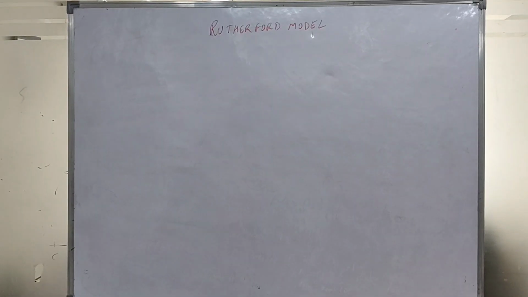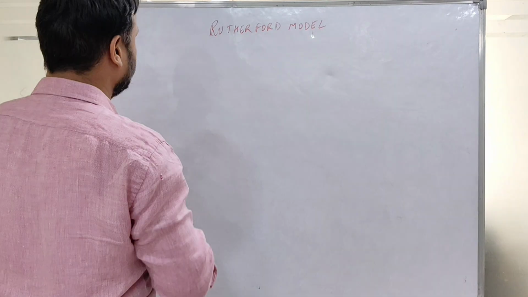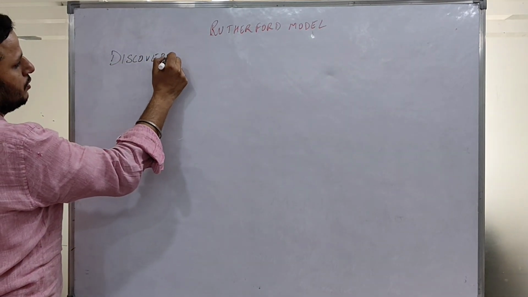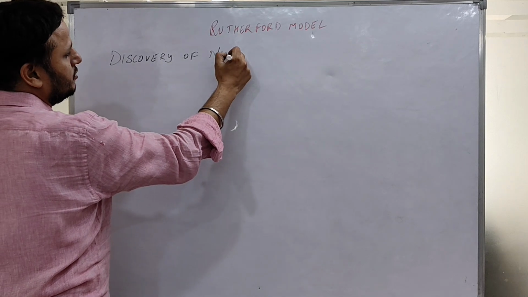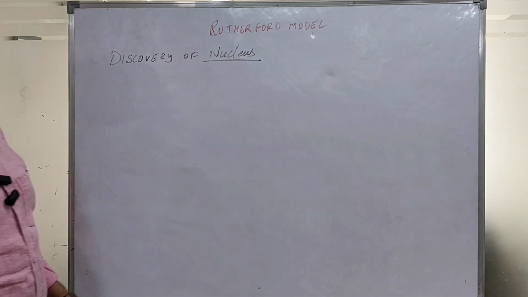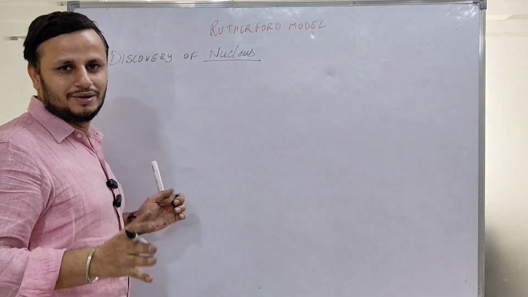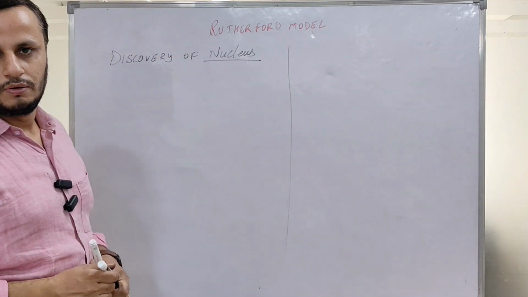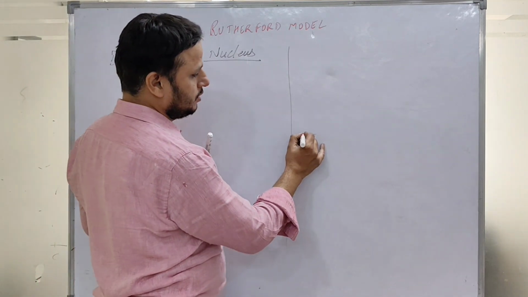Now coming on to the Rutherford model. First, Rutherford discovered the nucleus. Discovery of the nucleus. What is the nucleus? How did it get discovered? For that, what did Rutherford do?